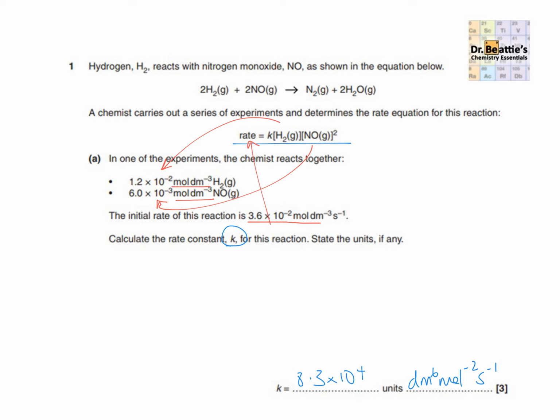So all we've got to do is rearrange this equation to make K the subject. So keeping K on the right-hand side and then moving the 2 concentration terms and the power over to the left-hand side, we get this equation here. And all we then need to do is input and substitute in these concentrations into the correct areas.